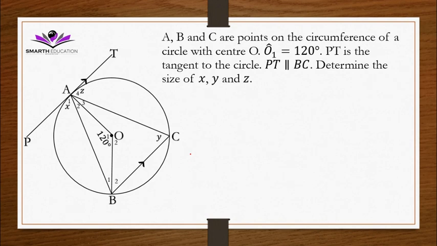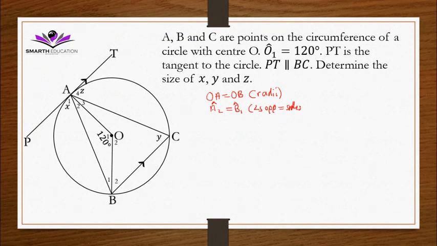Okay, so now if you check here, we have OA equal to OB because these are radii. So meaning that angle A2 is equal to angle B1 because these are angles opposite equal sides.